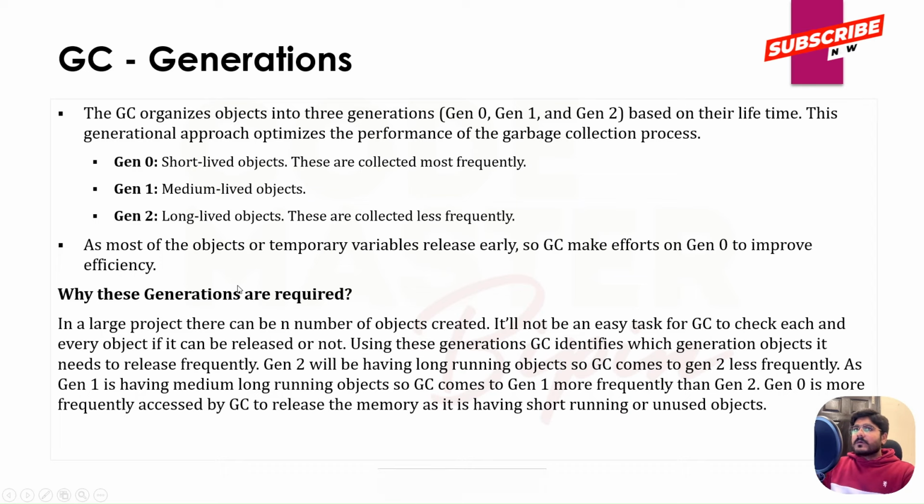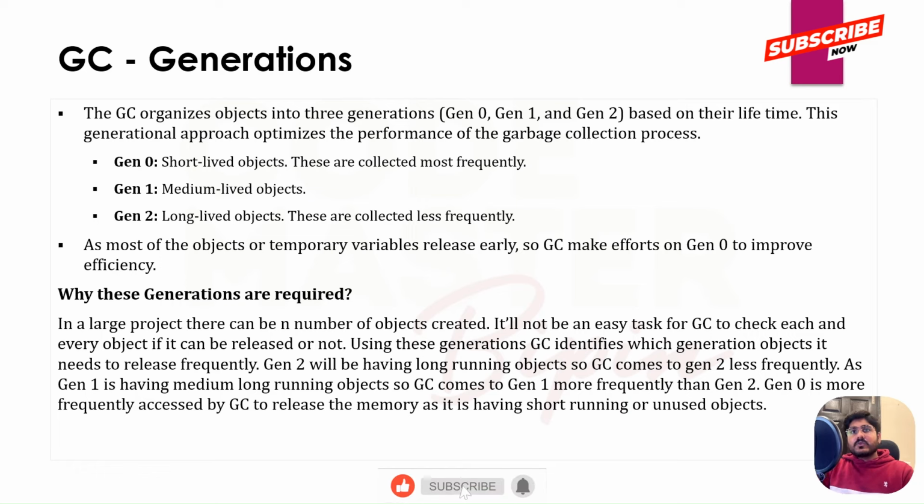Now the question comes, why are these generations required? Whenever you work on a large project, there can be n number of objects created, right? It would not be an easy task for the garbage collector to check each and every object to see if it can be released or not. So using these generations, the garbage collector identifies which generation's objects it needs to release frequently. As I told you, generation 0 is accessed very frequently by the garbage collector.